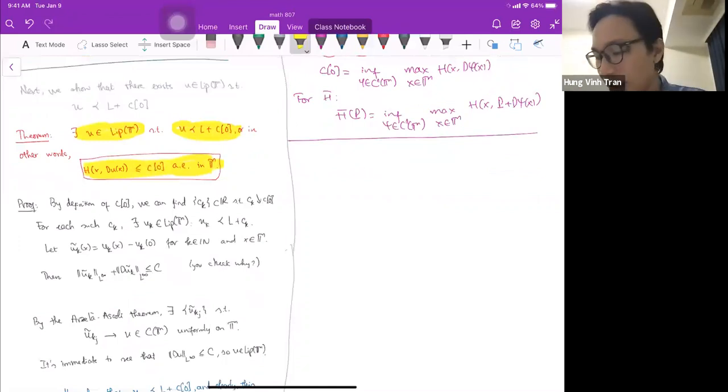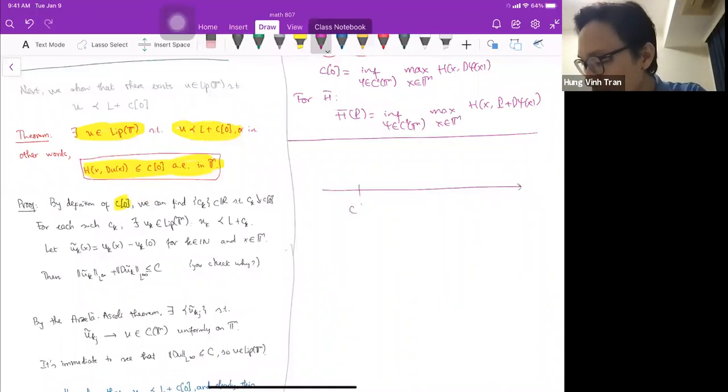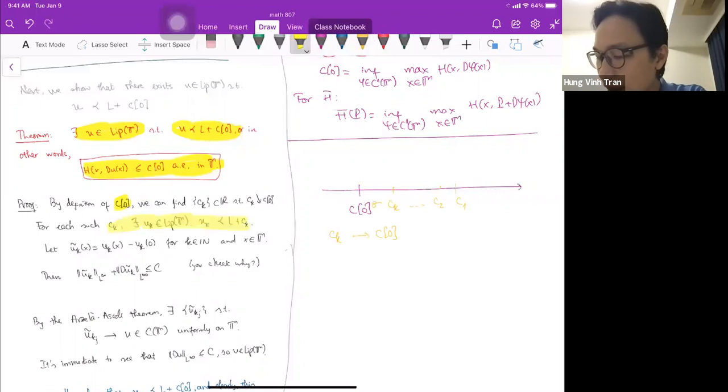Graphically, this is C naught, and because it's the infimum, we can choose a sequence C1, C2, ..., CK of admissible values converging to C naught. So CK is admissible and CK converges to C naught, where CK admissible means that you can find UK that is dominated by L plus CK.